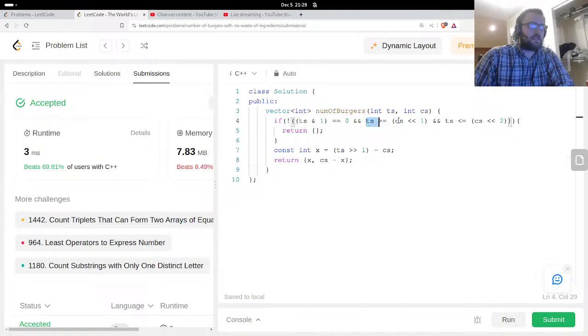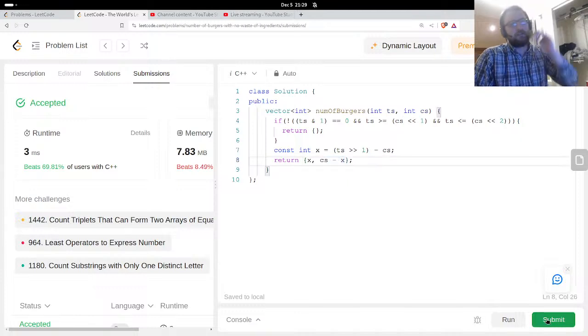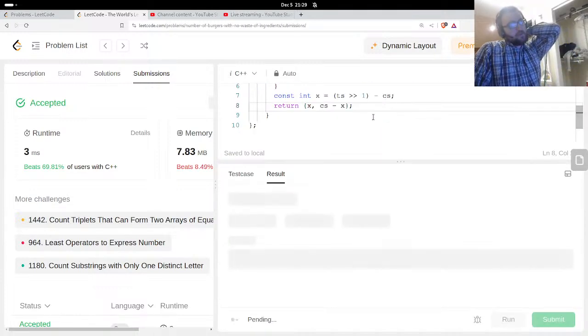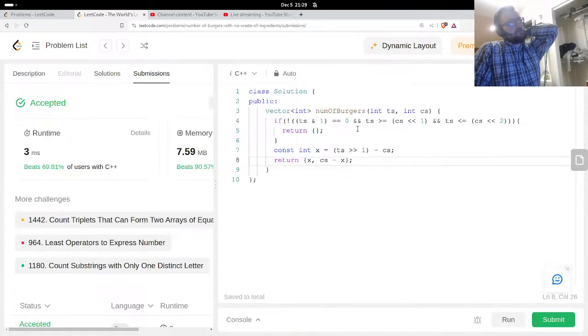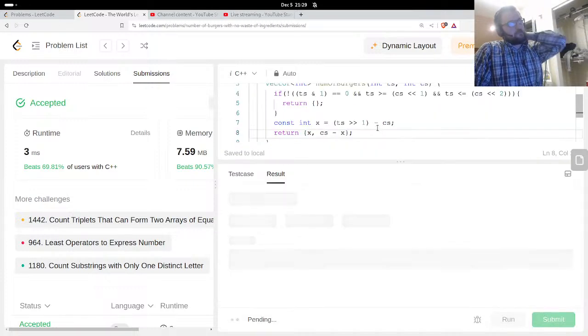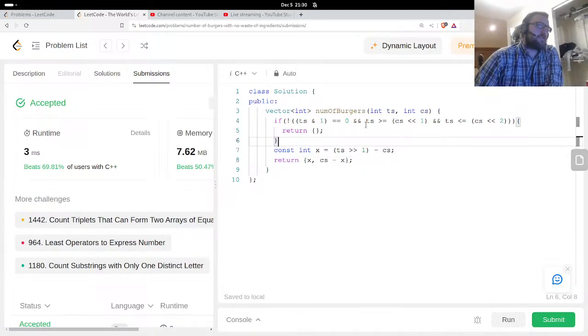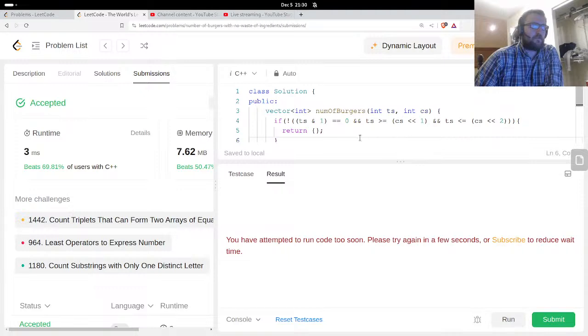Yeah, this I think guarantees that this is non-zero. And then this part also guarantees that this will be non-zero. Yeah, it's pretty interesting. It's kind of weird how I figured out those two things, but I guess it's not that hard to realize that.